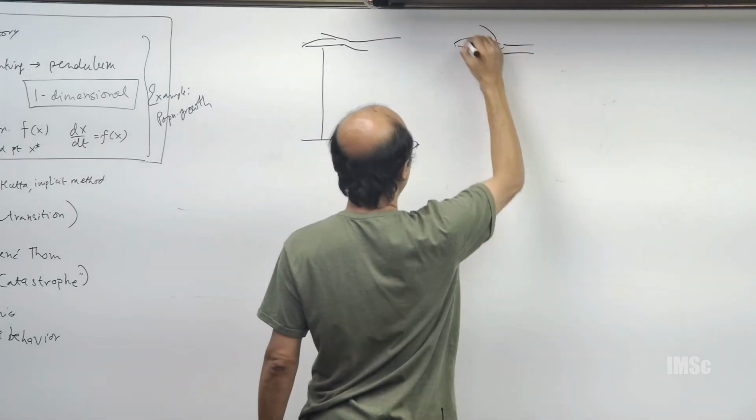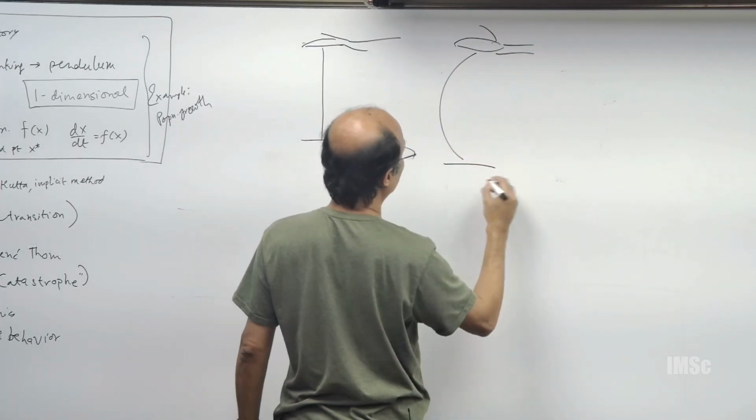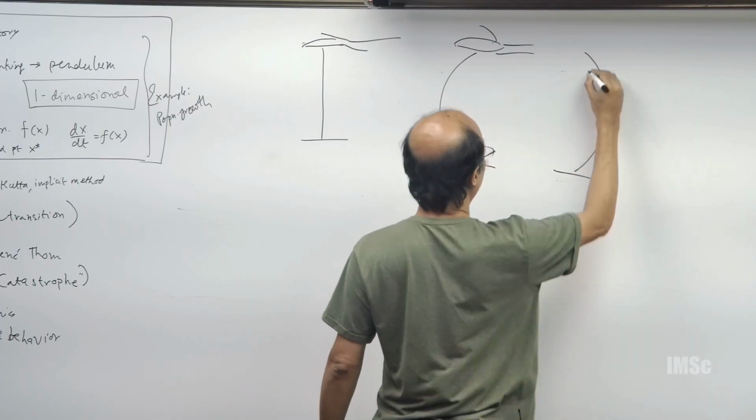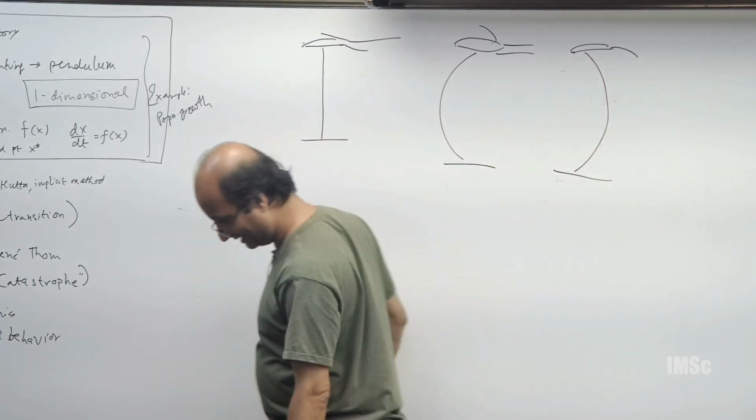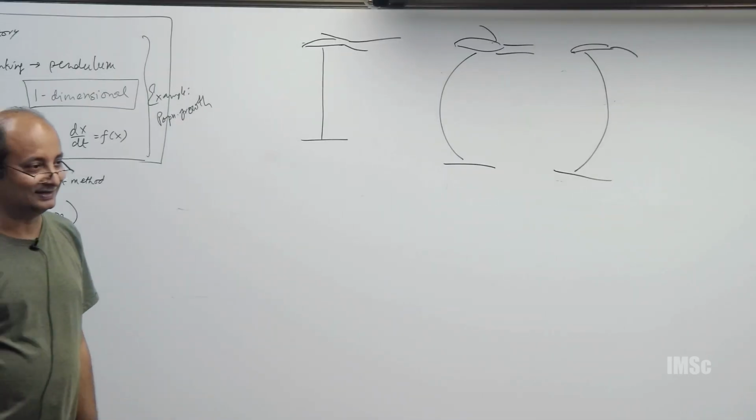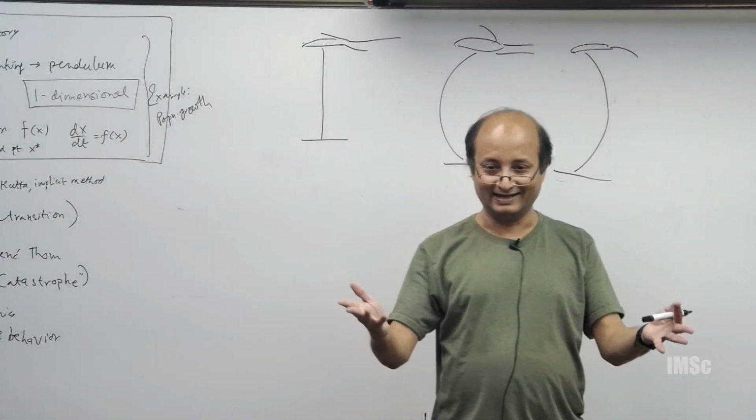When the pressure is large enough, it can buckle either this way or this way, right. I do not have a metallic thing here, or at least nothing that will buckle in my hand, but you get the idea, right.